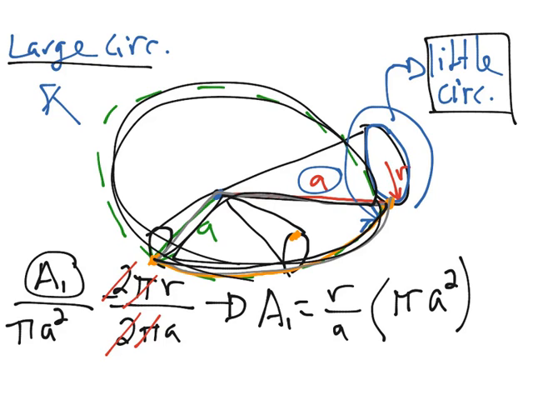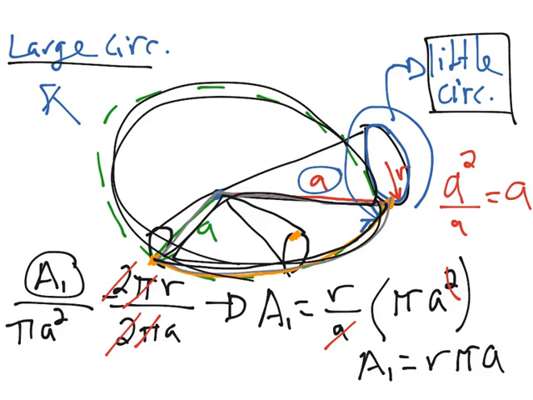Interesting thing here, we can get rid of this squared because we have an a down here. So a squared divided by a is equal to a. So we have A1 is equal to pi r a.